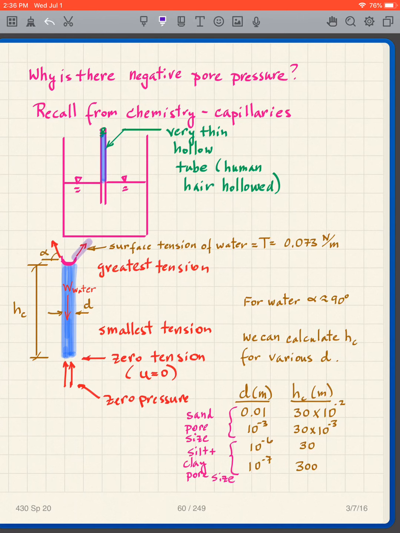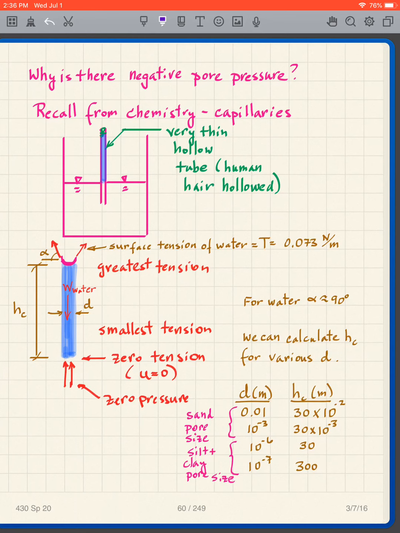So I'm going to put some tensile forces here acting in that direction because that's the way they act. That is my surface tension of the water. Now, it's approximately 0.073 newtons per meter, and it takes place at an angle of alpha.